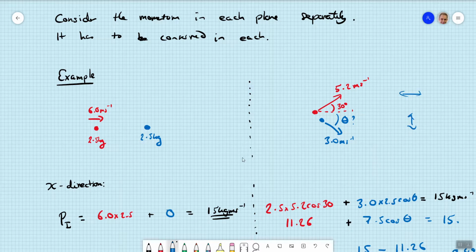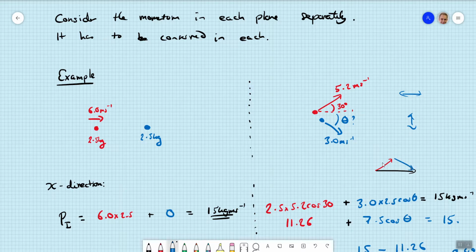You can also draw it as a triangle. You can draw it as a scale sort of thing, because you know that this initial momentum, which is 15, has to end up at the same place as if you do the red one followed by the blue one.